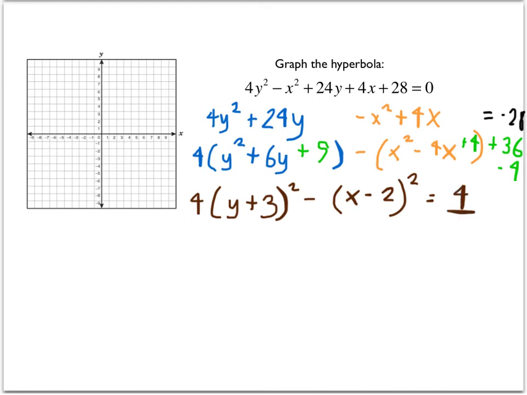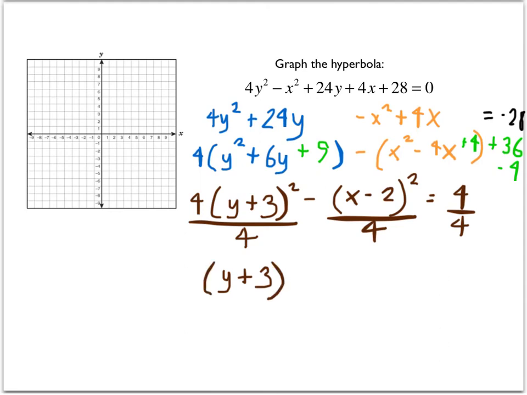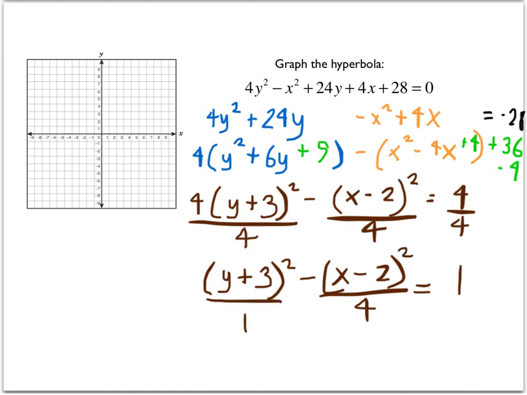Again, I like to have it equal to 1, so I'm going to divide everything by 4, as I can see there. So it looks like my final answer will be y plus 3 squared minus x minus 2 squared. Notice I do have a 4 in the denominator there, equaling 1. So just to be consistent, I'm going to put a 1 under there like this.